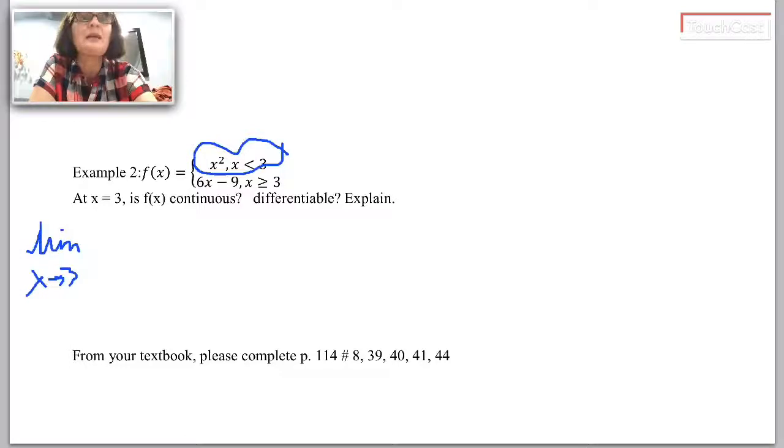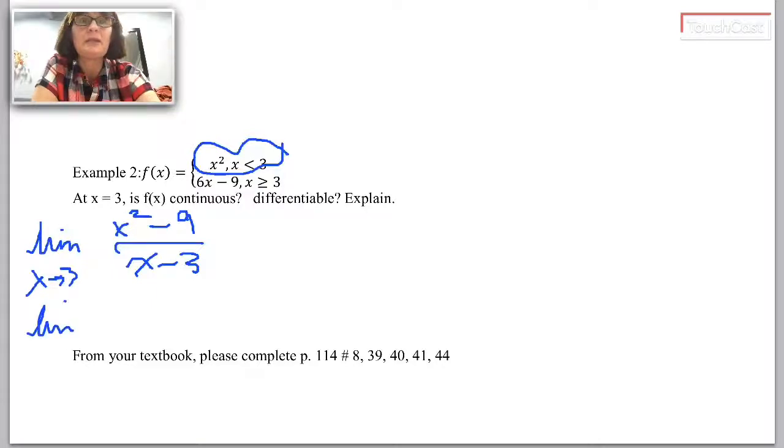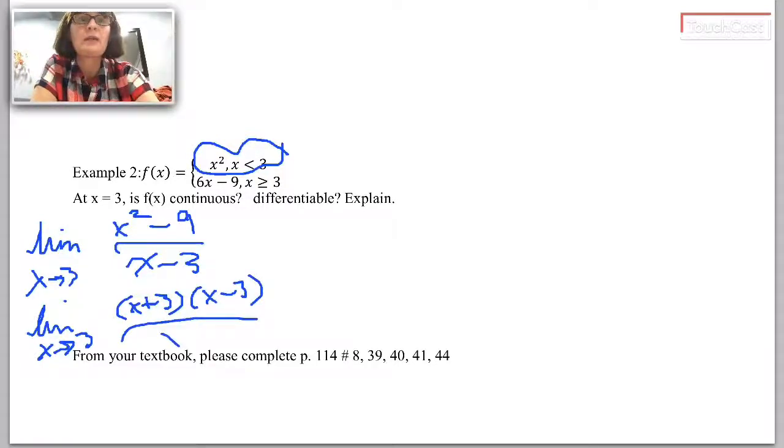So this is going to be x squared minus 9 over x minus 3. That's f of x minus f of a over x minus a. Oh, well this, I recognize that pattern. That's going to be the same as the limit as x approaches 3 of x plus 3 times x minus 3 over x minus 3.